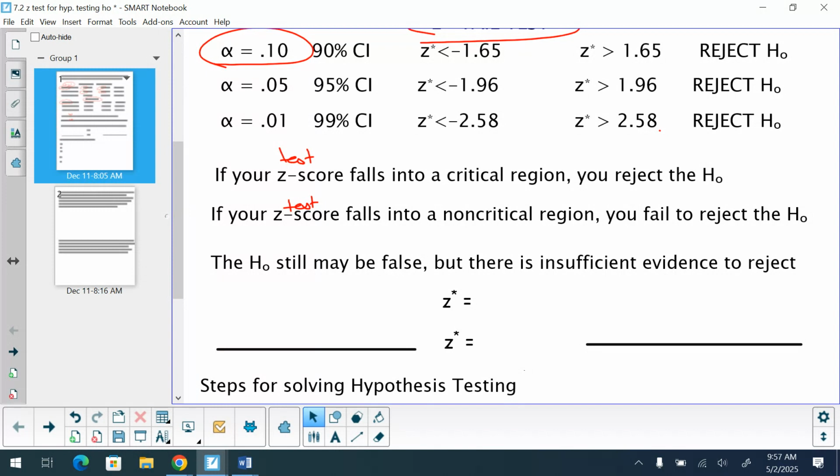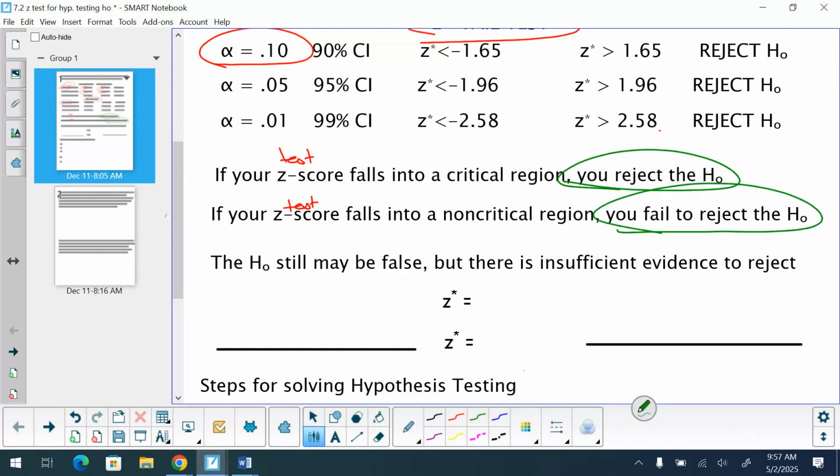But statistically and mathematically, you don't have any evidence to say it's wrong. So you just fail to reject the null hypothesis. So two scenarios: you will either reject or fail to reject the null hypothesis.